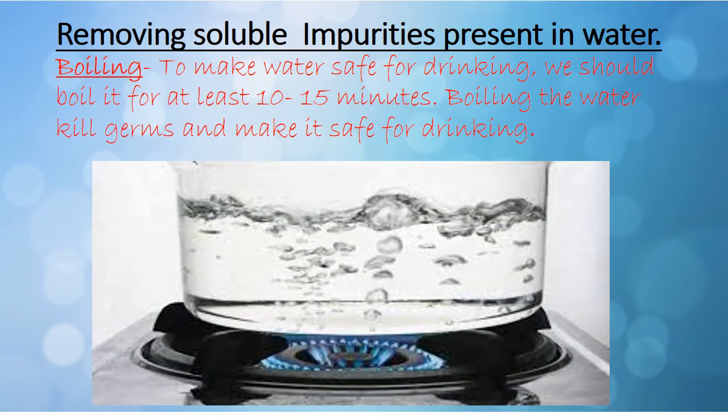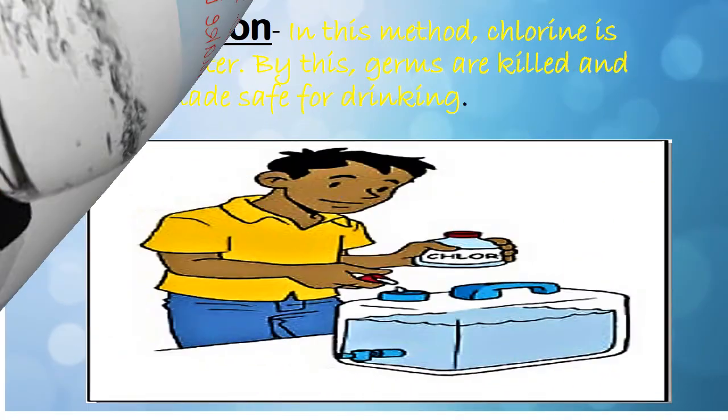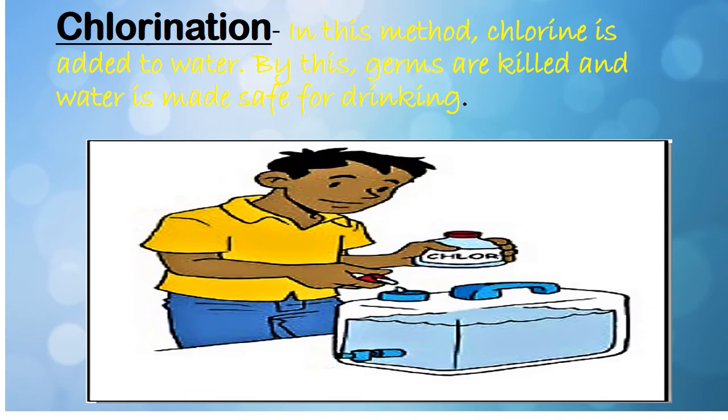We should boil water for 10 to 15 minutes if we want water which is free from germs, because boiling water for 10 to 15 minutes will kill the germs and we will have water safe for drinking. Second is chlorination. In this method, we add chlorine to water. Chlorine also kills germs and water is made safe for drinking.